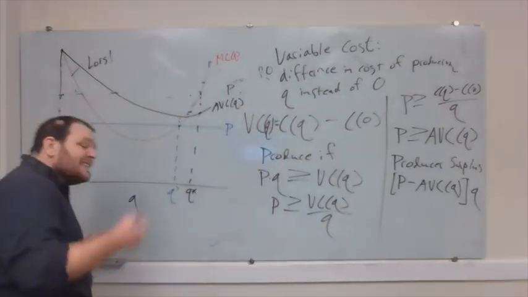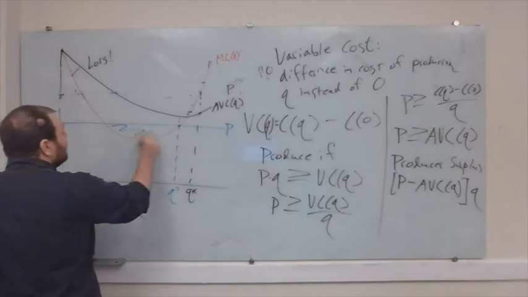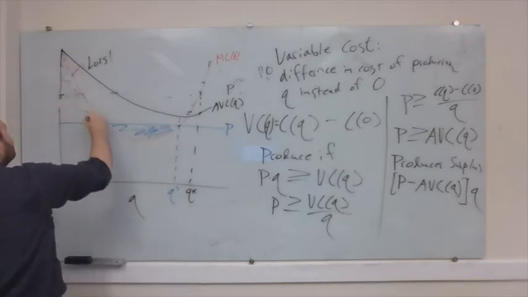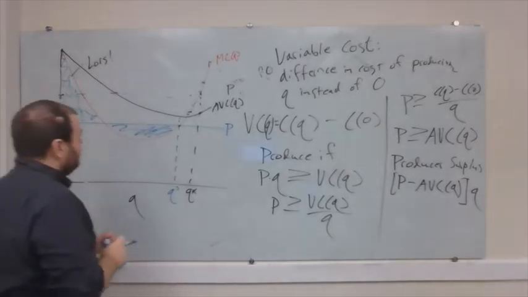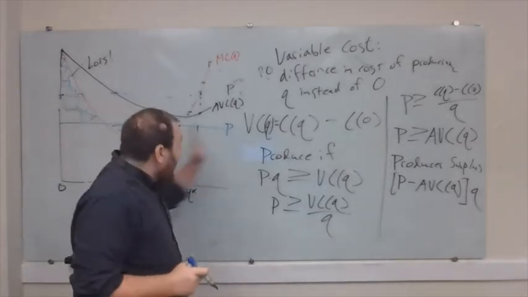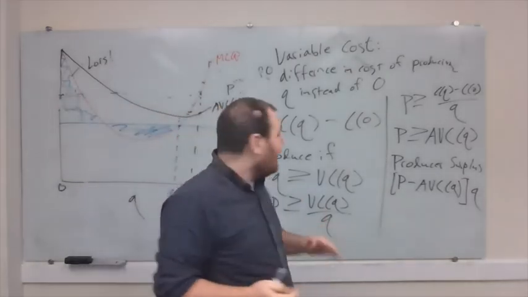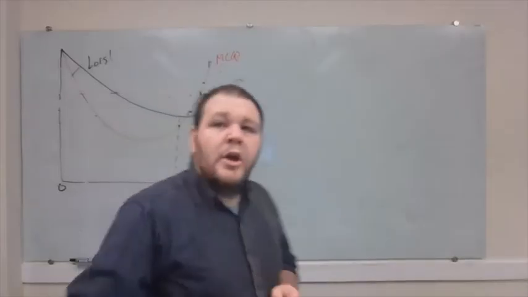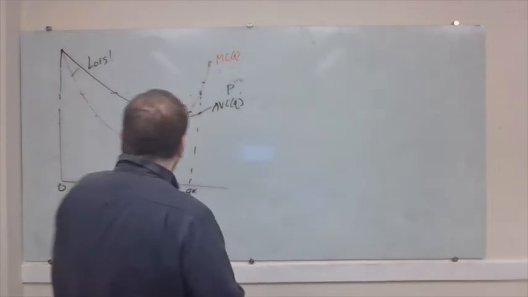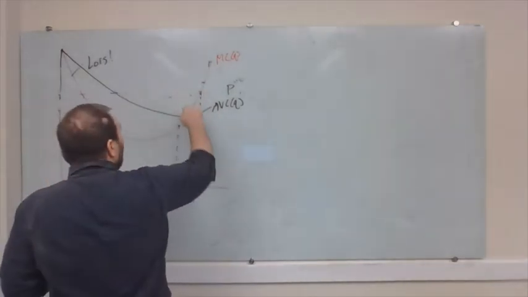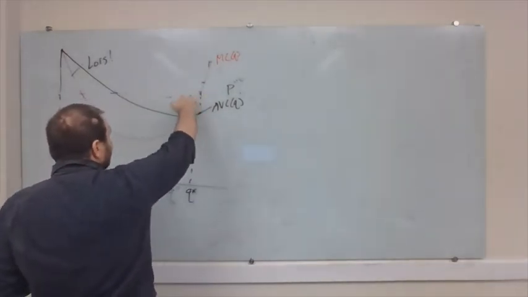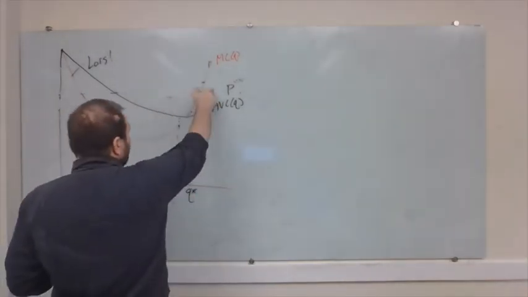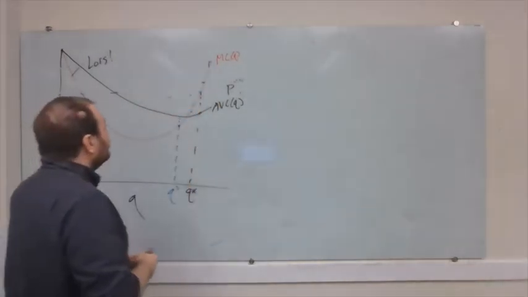This is exactly equivalent to saying that this area here, where we're making money, is smaller in this case than this area here when we're losing money. But because we're aggregating up our costs, we don't have to calculate our integral of marginal costs. Cool. So long story short, we're going to be willing to produce at any price where our average variable cost, calculated at the quantity where marginal cost equals price, is going to be less than the price.